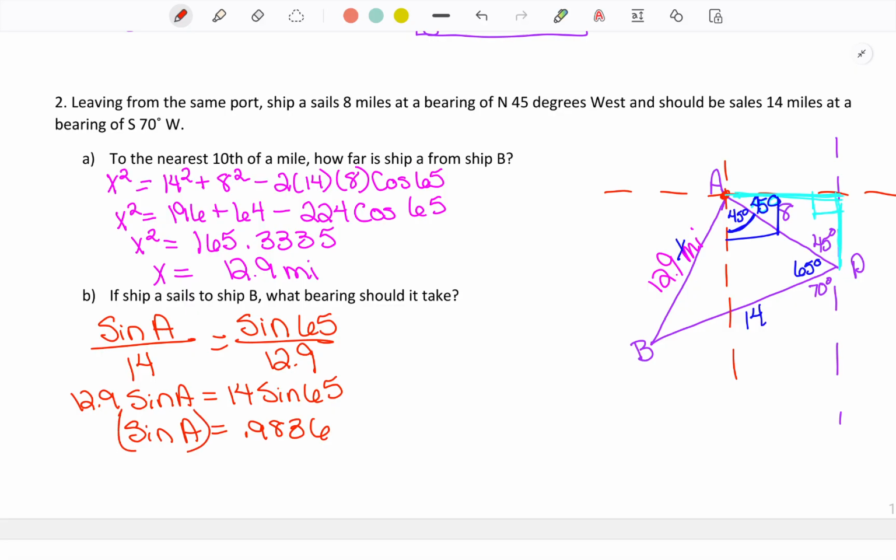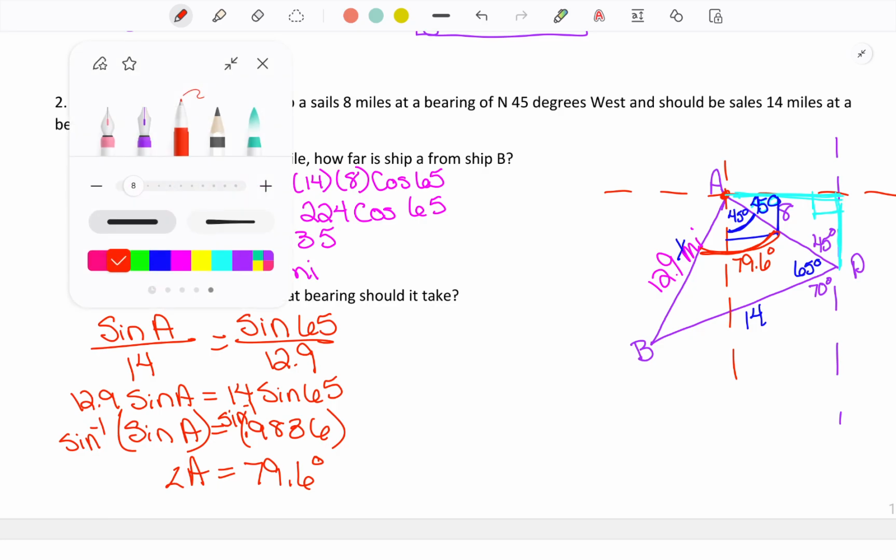So we'll take the arc sine, and that will give us angle A equals 79.6 degrees. Okay, so this entire angle right here is 79.6.